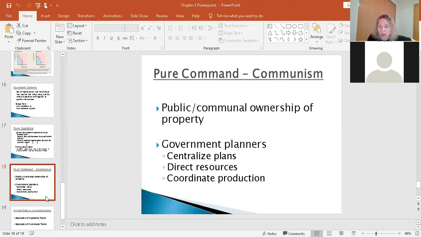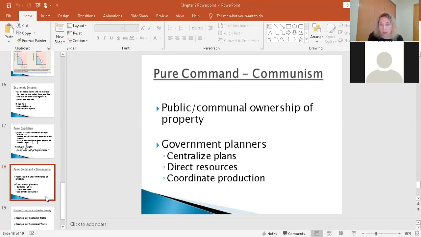Pure command or communism, we have to be careful when we talk about communism in an economics class, that we are really clear that we are not talking about the atrocities that communism has allowed to happen in history or really in current day.